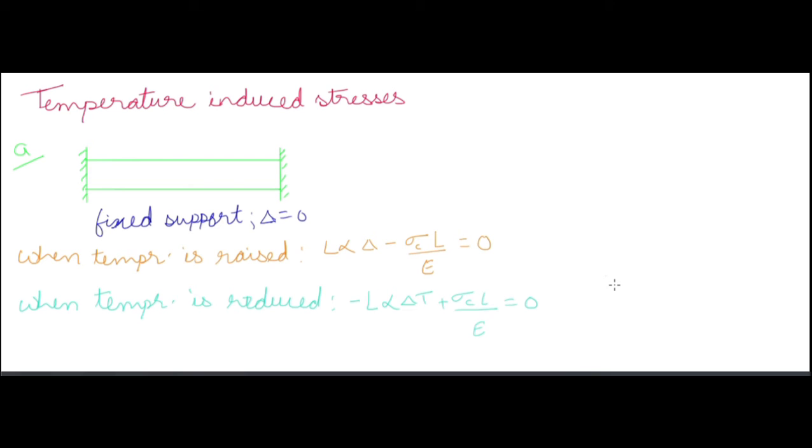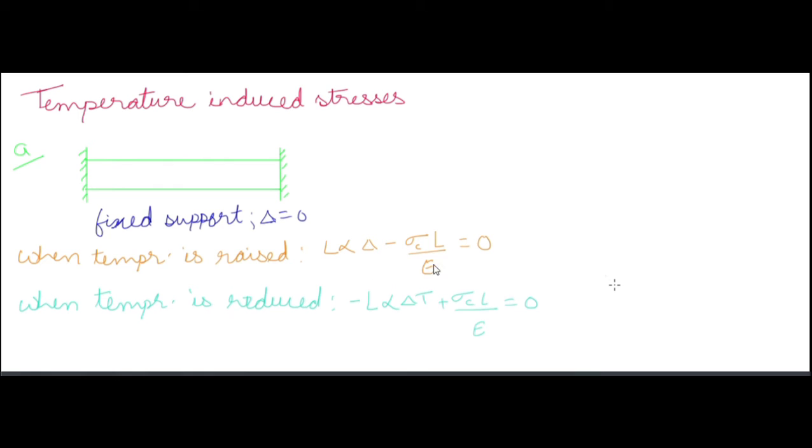So this is the first case. This is a bar whose extension has been restricted by fixing from both ends. So fixed support, delta means extension is equal to 0. So when temperature is increased, the expansion is L alpha delta T, where L is the length, alpha is the coefficient of expansion, and delta T is the change in temperature.